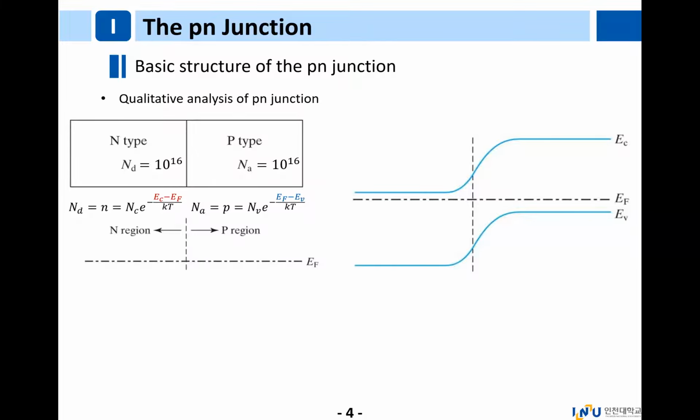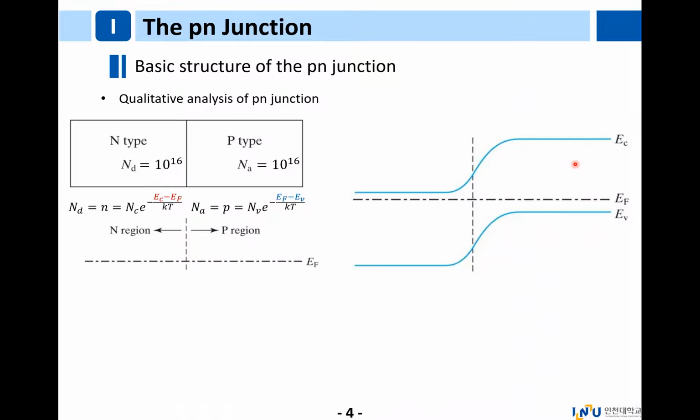The next step involves interpreting the energy band diagram to extract detailed information. In the current scenario, where the energy band diagram is inclined to the bottom left, the electron's potential energy on the left is lower than that on the right.